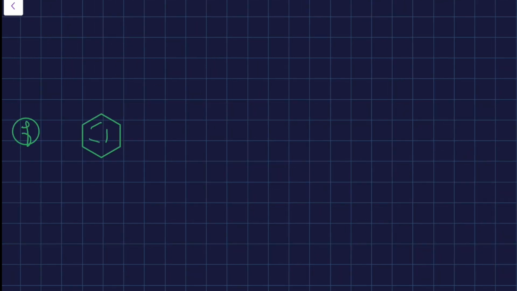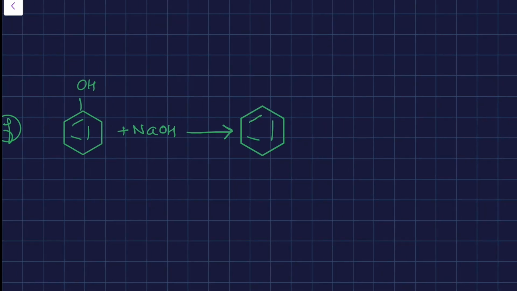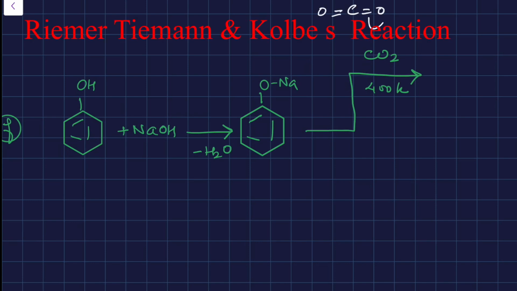When we take phenol, we treat it with NaOH. A very obvious product is sodium phenoxide. So what I am trying to tell you is I am trying to write two named reactions simultaneously, to help you out with that. You have water coming out here, and then you treat it with carbon dioxide at about 400 Kelvin. Now guys, just see this carbon dioxide, whose structure is like this, it again acts as an electrophilic center. This has a plus and this has a minus.